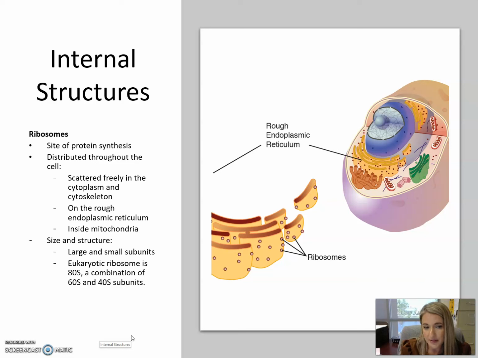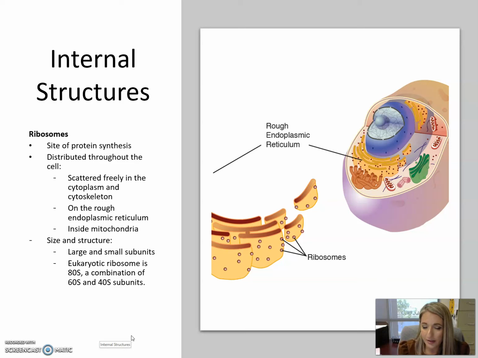The size is different when we talk about prokaryotic cell ribosomes and eukaryotic ribosomes. With eukaryotic ribosomes, they're typically larger. Their large subunit is 60S, and their small subunit is 40S. And when the two come together, it totals an 80S size ribosome.